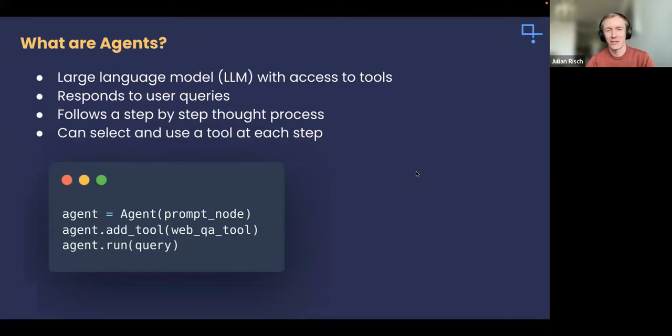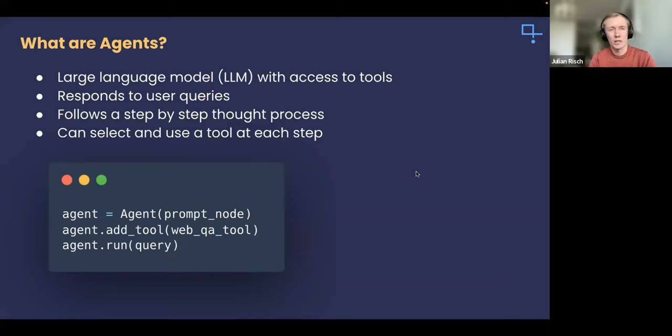So essentially, I would say that agents are large language models with access to tools. So they consist of these 2 main components. An agent has a large language model that it can use to extract or generate language and also process input user queries. And on the other hand, it has also access to tools, which it can then use to respond to the user queries.